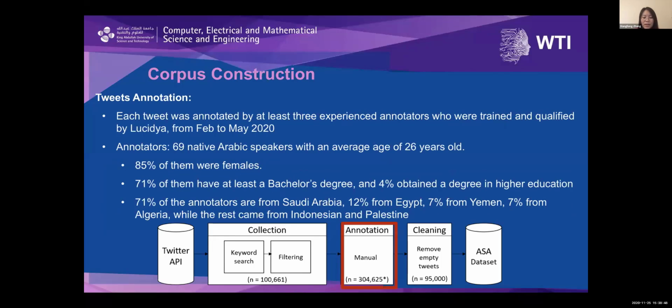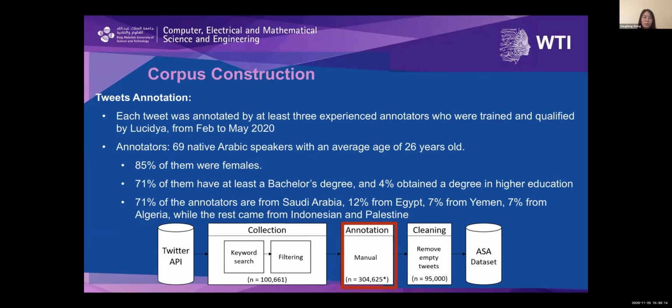Once we had these 100,000 tweets, we of course did some filtering work. For example, we removed the tweets with images or video links, and we also filtered out the tweets with inappropriate words. Finally, we got a clean data set, and then we asked for annotation.